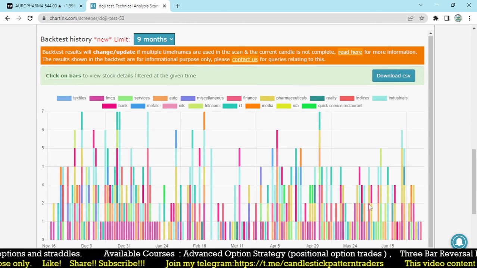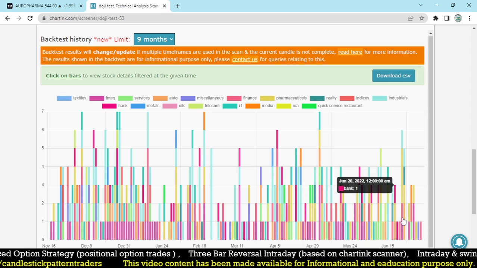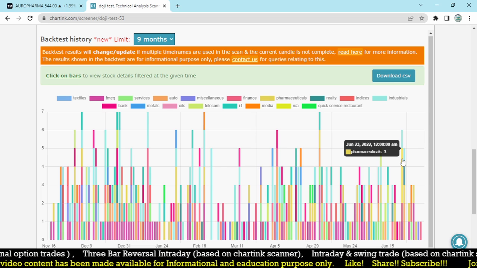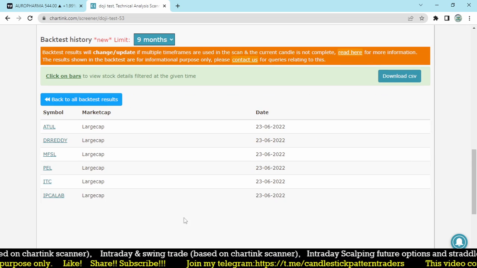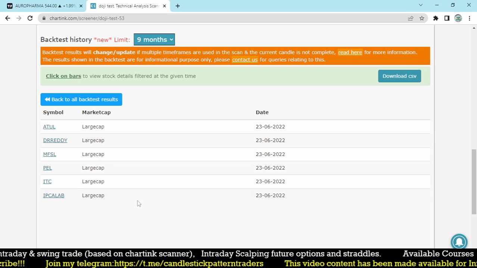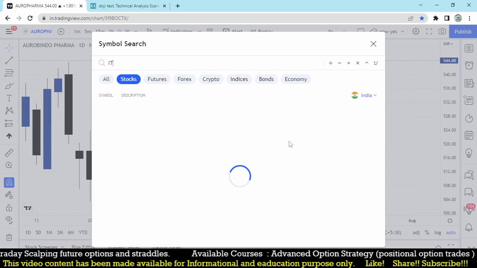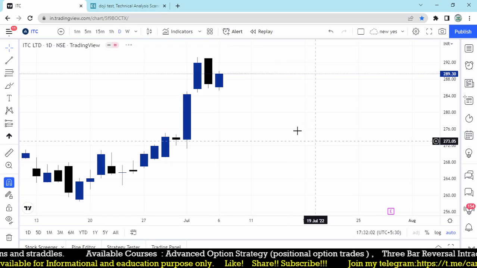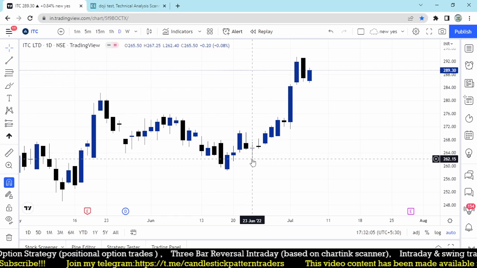How many stocks? A lot of stocks form a doji in a single day at this time. You can check around 23rd June. We have a lot of stocks: Atul, Dr. Reddy, ITC. A lot of stocks on 23rd of June. ITC on 23rd June will be a perfect doji.